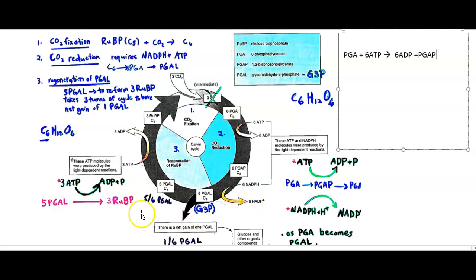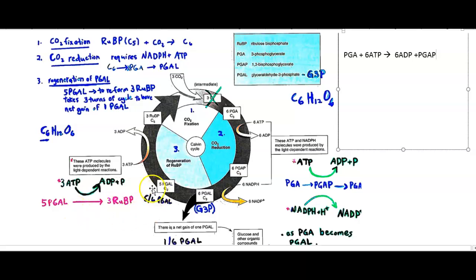So right here, 5 continue on. Again, they're not really showing us what exactly is happening in the picture, but you don't really need to know. You need to know that you're regenerating the RUBP again. It makes sense why we have to go around one more time, because we need a total of 6 carbons to make the glucose.